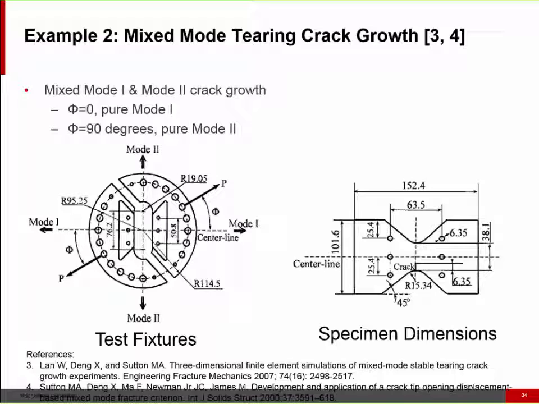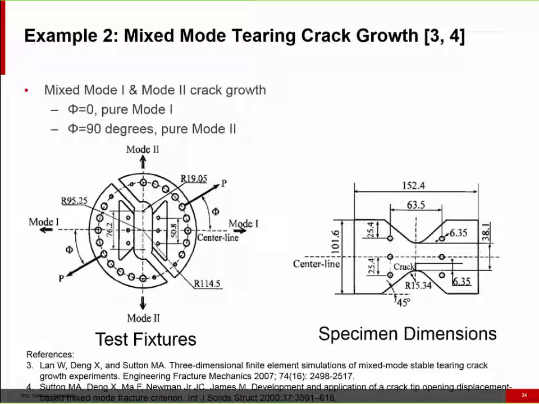In the second case study, we are studying the mixture of mode 1 and mode 2 crack growth. The figure on the left-hand side shows the test fixtures, and the figure on the right-hand side shows the specimen. There is an initial crack in the lower middle of the specimen. The same force P is applied to 2 outside holes on the test fixture, and the applied force directions are opposite.